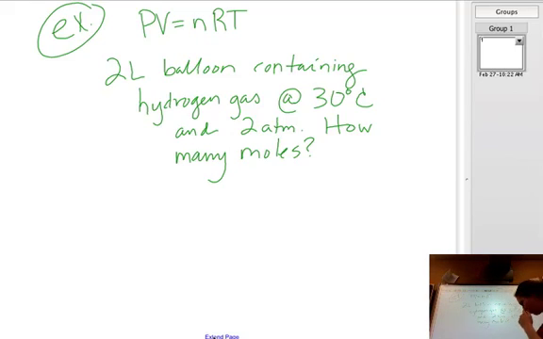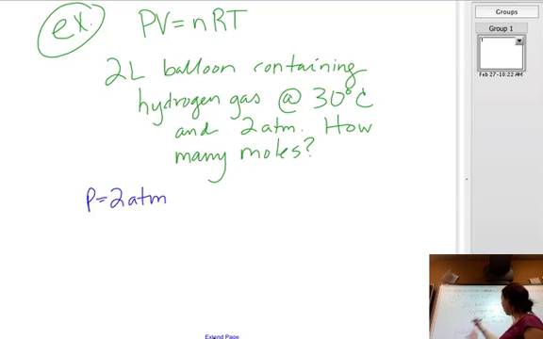Okay, so let's do what we've done before with examples, and let's find what we know. We know pressure, which is 2 atm. We know volume, 2 liters. What else do we know? We know number of moles? No, that's what we're trying to find.